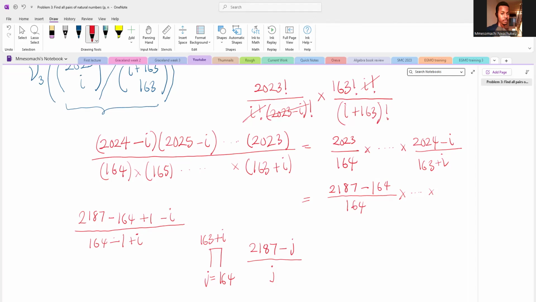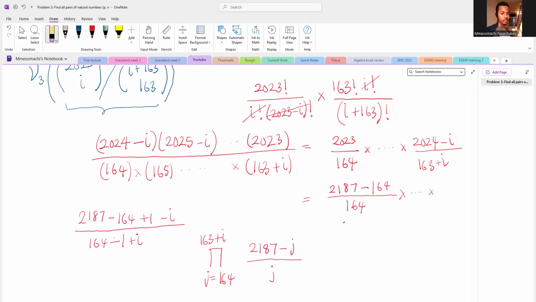So let's just confirm that this works. We plug in 163 plus I. So 2187 minus 163 gives us 2024 minus I over, and the denominator is going to be 163 plus I. Okay, so that checks.